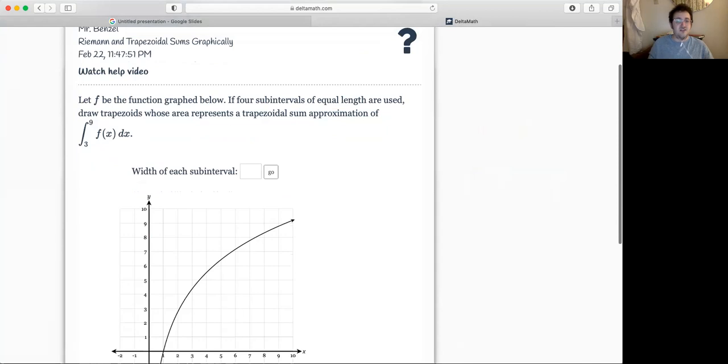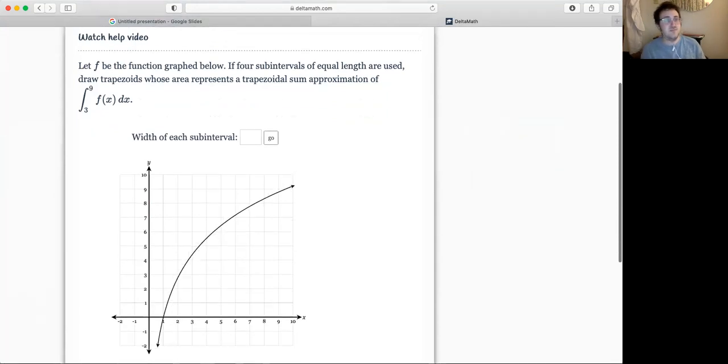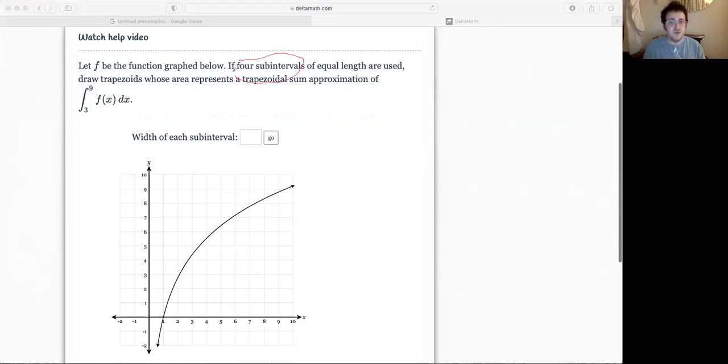Oh, good. This one is a trapezoid example. It says, let f be the function graphed below. The first thing I always like to do is determine the width. There are 4 subintervals of equal length again, and they are used to draw trapezoids whose area represents a trapezoidal approximation.